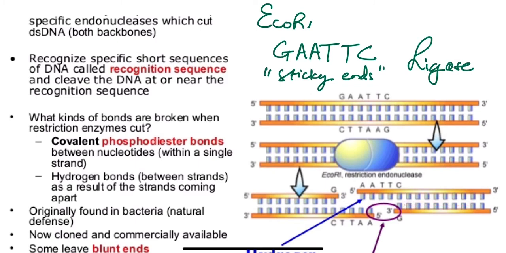Originally, restriction enzymes were found in bacteria, and they seem to use them as a natural defense mechanism to cut foreign pieces of DNA. But now we can clone these. They're commercially available. For example, if we want to do experiments with EcoR1 in the laboratory, we can order some EcoR1 and do experiments with it.